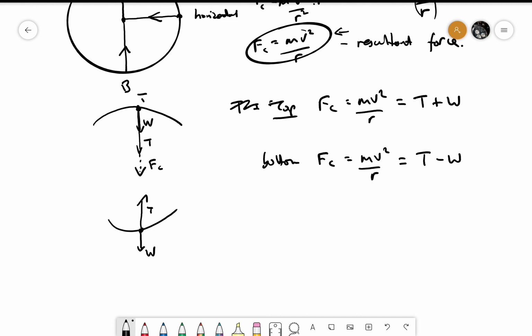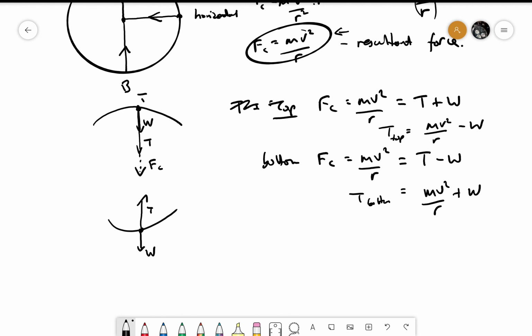So if you rewrite the equations now for top and bottom for tension, you can see that the tension at the top will be equal to mv squared over r minus the weight force, and the tension at the bottom is equal to mv squared over r plus the weight force.